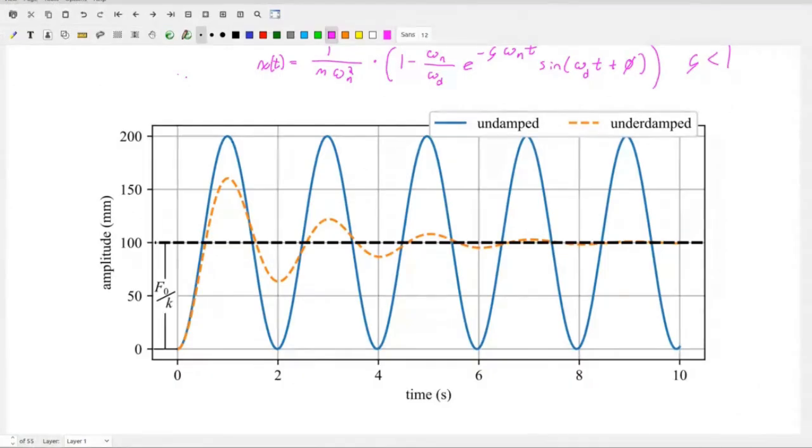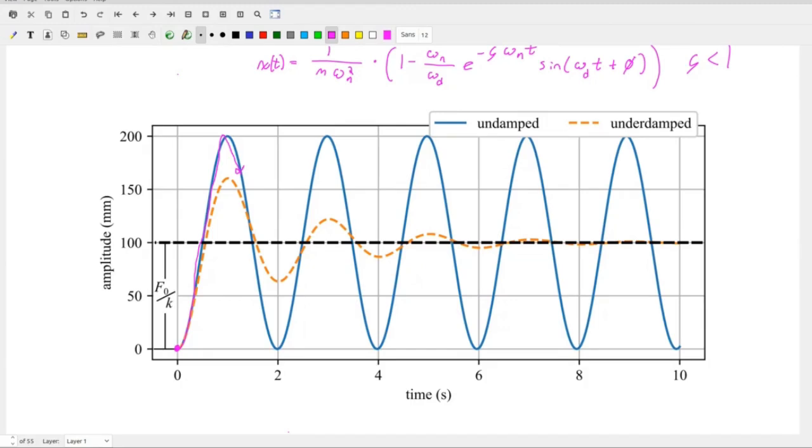Right, so our undamped case is our blue line. And so we're going to start down at 0 where our step is applied, and then we're going to come up and down and kind of cycle forever, right? We never have any energy dissipated from the system, so it's kind of this imaginary system that just vibrates forever.